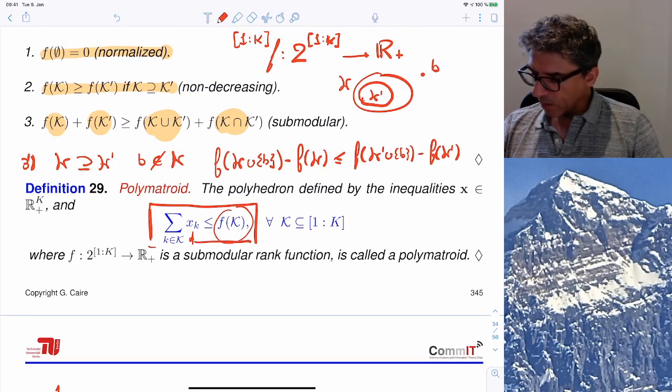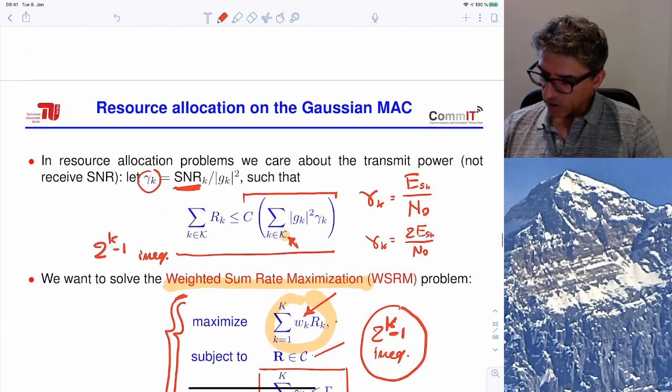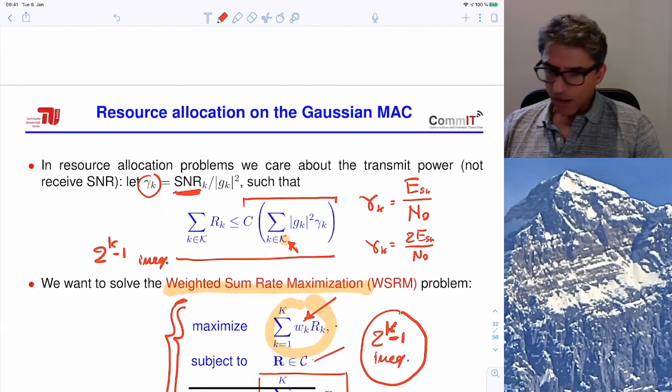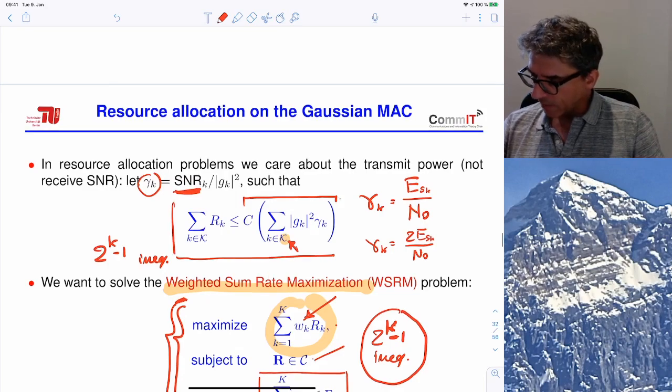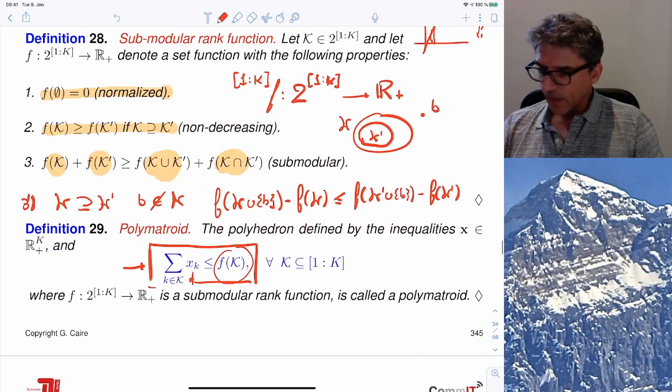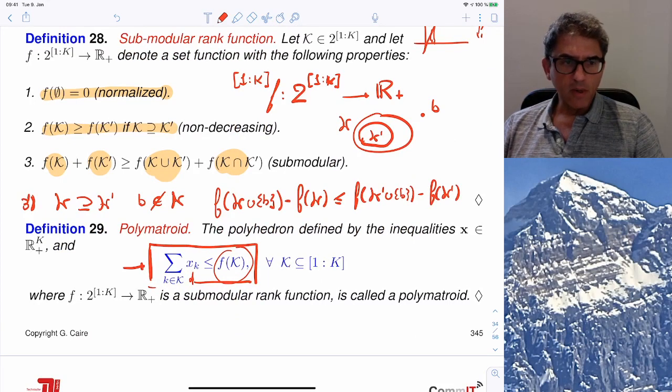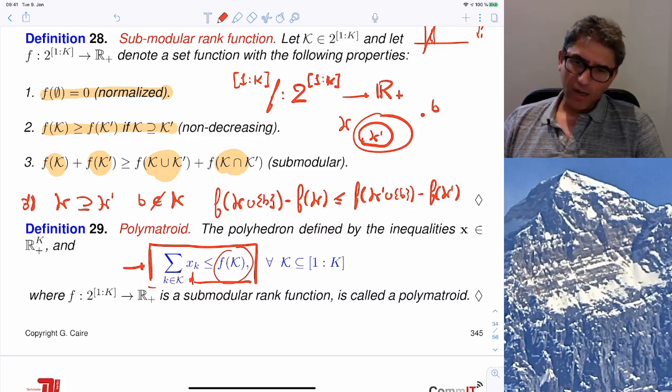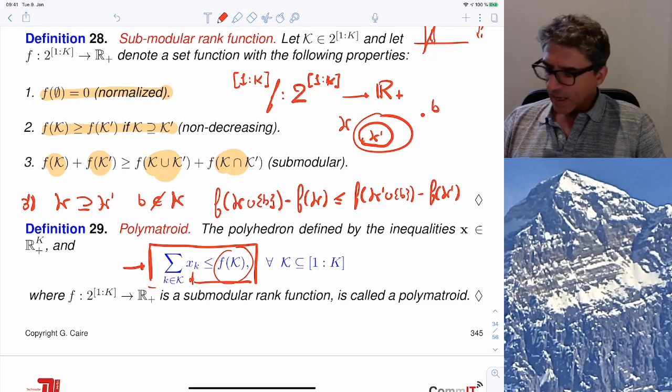So we immediately recognize that because the function C of the sum of these non-negative terms is a set function with respect to the set over which we have the sum, you can identify these inequalities, and these inequalities have exactly the same shape, and it turns out that the function C is a submodular rank function. So our capacity region of the MAC for the Gaussian channel is a polymatroid, okay?